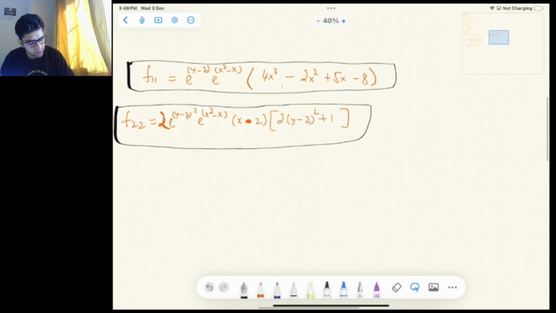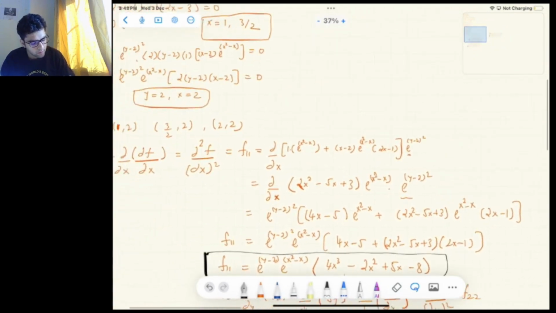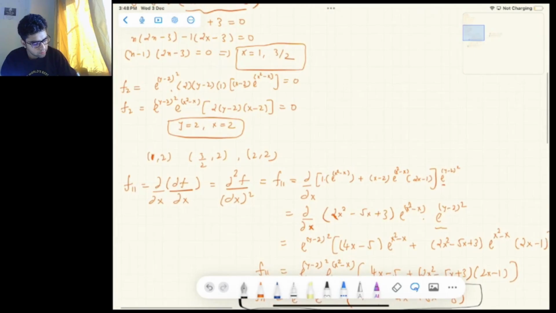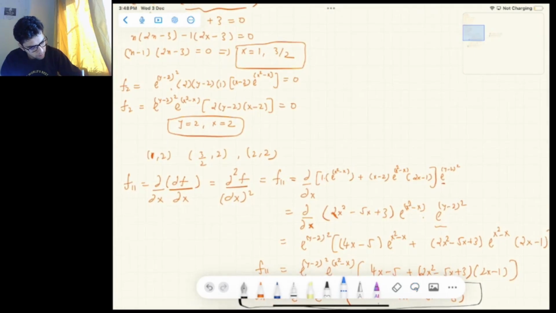Now my stationary points were these, right? These were my stationary points.